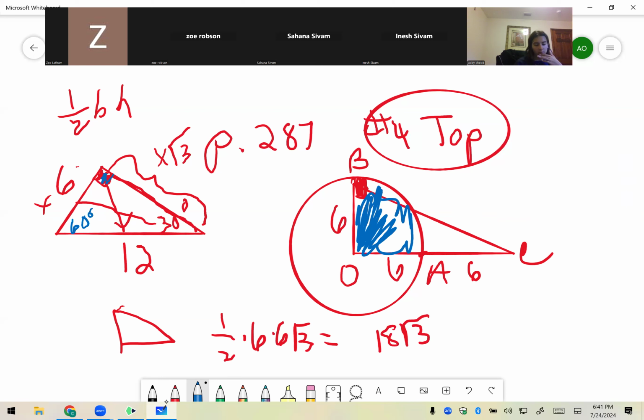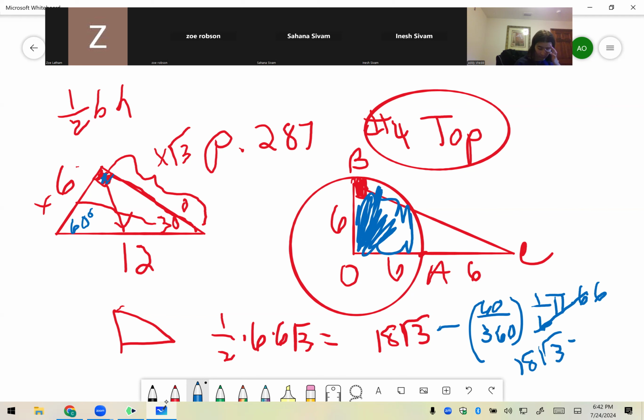So if it's 60, we're taking away what fraction of the circle? We're taking away 1/6 of pi times the radius squared. So that'll be 18 square roots of 3 minus 6 pi, which is answer choice B.